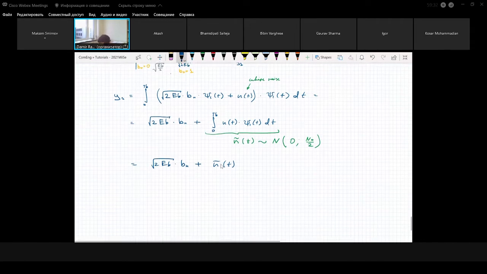I should probably also write that this situation with this noise corresponds to a special case, when we have a normalized basis function. So the integral from 0 to TB of the basis function squared equals 1.